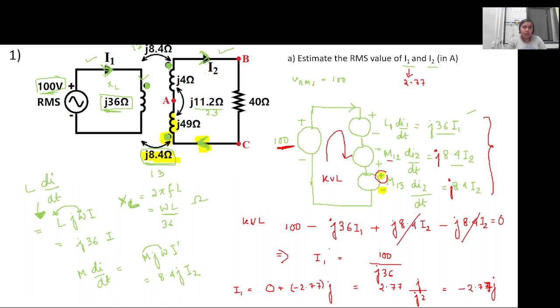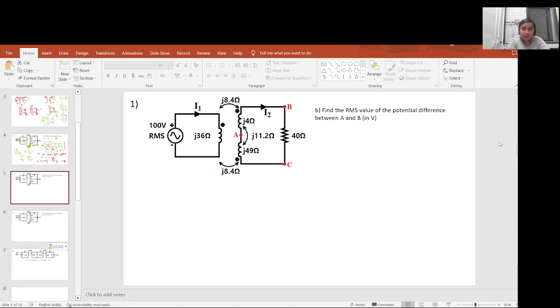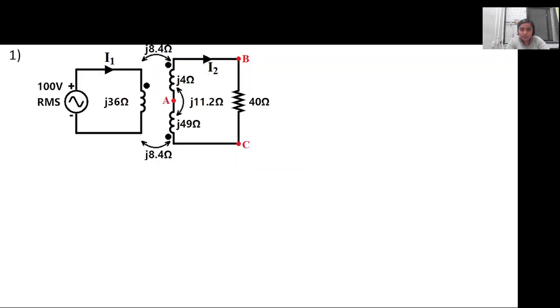Okay. Now we move into calculation of I2. So let me move to the next page. For calculation of I2, you have to apply the KVL in this particular loop, right? So I1 we have calculated as minus j2.77.